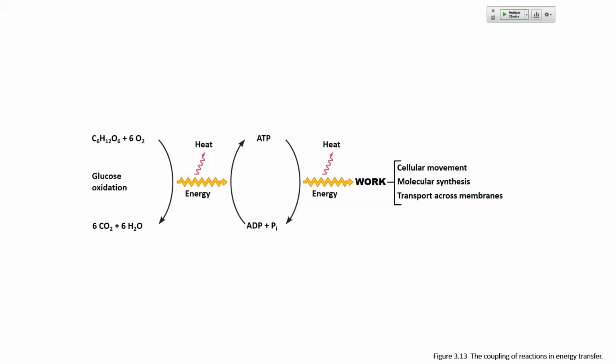And now if we break that ATP again, we are going to release that energy to do some type of cellular work, to move molecules in the cell, to synthesize those molecules, to export them across the membrane. All of those types of activities require cellular work, and that's what we use ATP to do. We break it down, we take that energy, and we do cellular work.